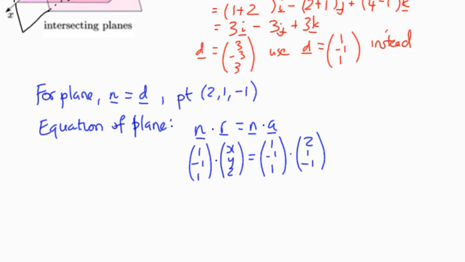Okay, r is just our variable vector x, y, z, and we've got the normal vector and the point, so we can multiply that out. Our scalar product this time gives x minus y plus z equals, doing a scalar product of the right hand side, 2 plus negative 1 plus negative 1.